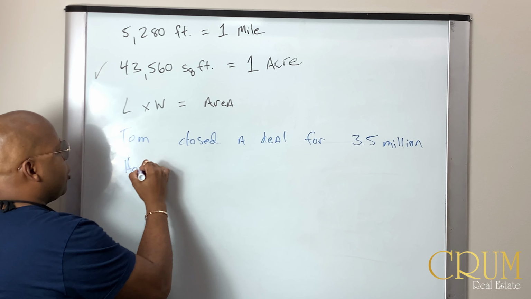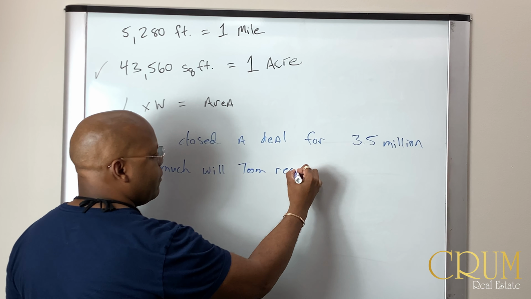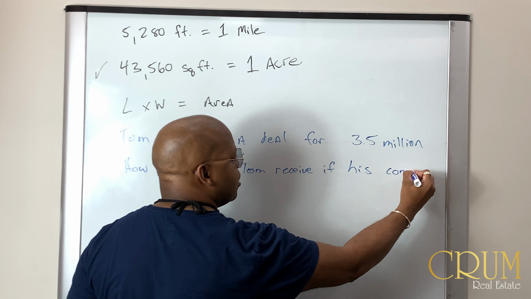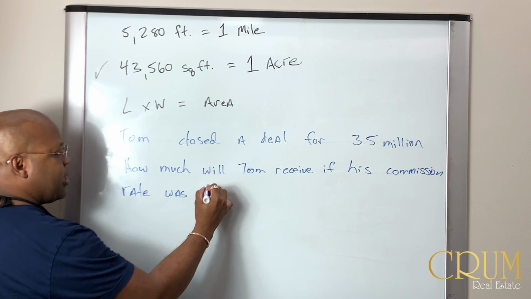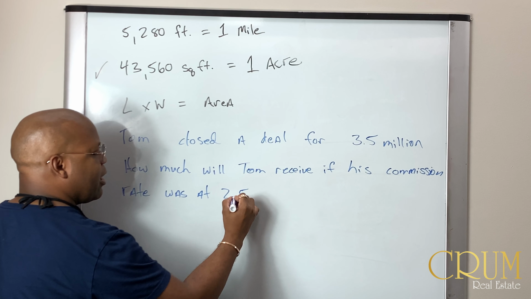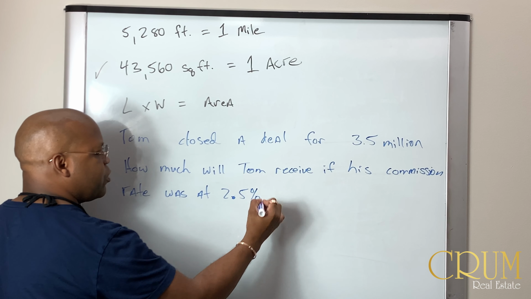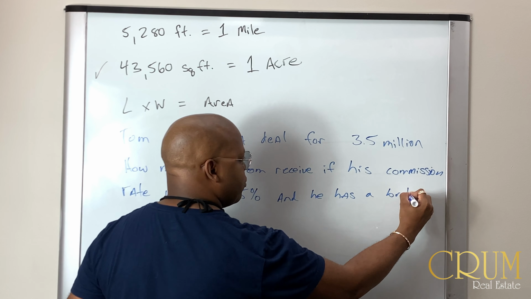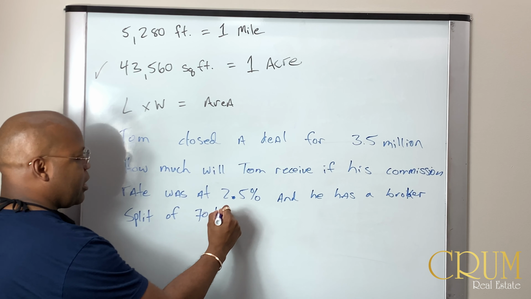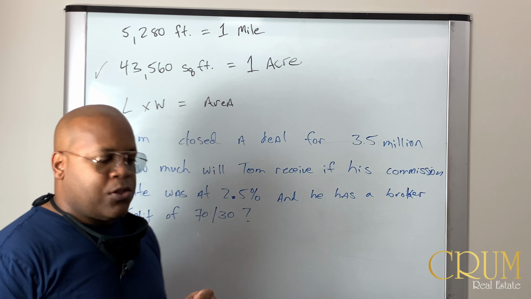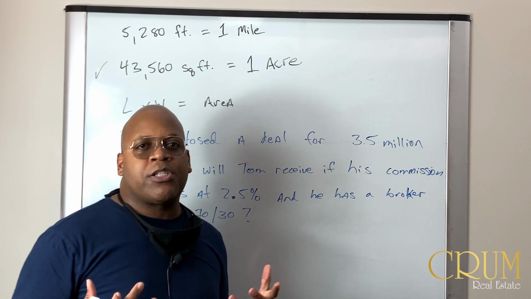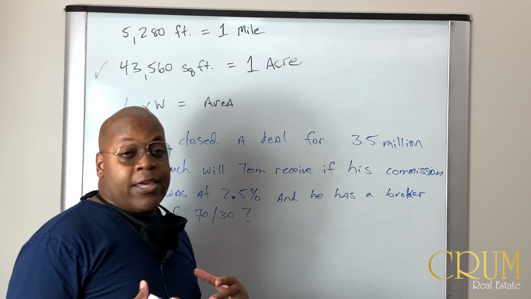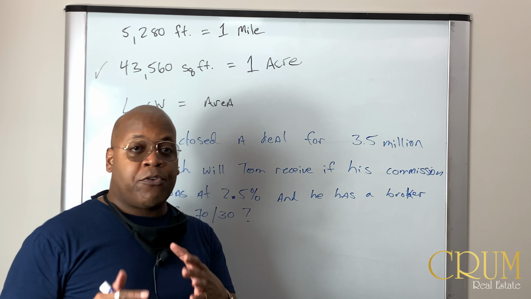How much will Tom receive if his commission rate was at 2.5% and he has a broker split of 70-30? So, of course, all math questions are going to be just like when you were going to school. They give you 2 parts, you have to figure out the 3rd part.